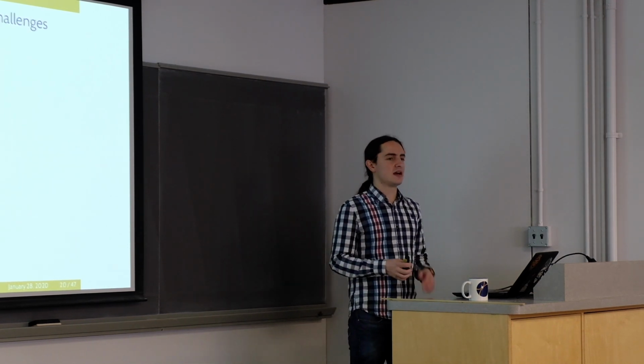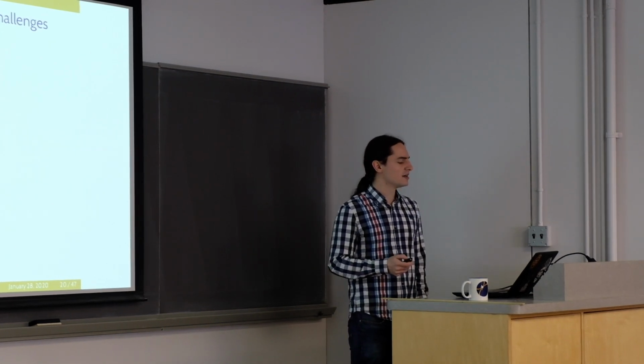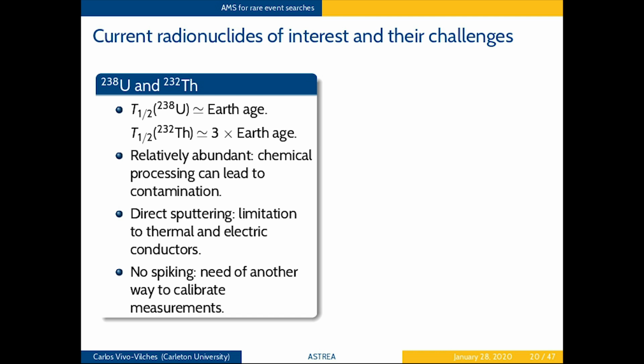So we are studying right now two branches of the project. One is the measurement of uranium-238 and thorium-232 concentrations. The main difference of these radionuclides from common AMS radionuclides is that they are primordial. They are not cosmogenic or anthropogenic.